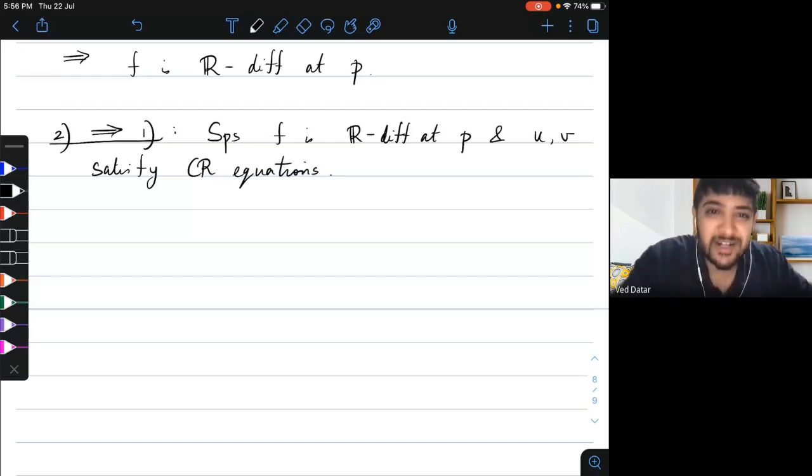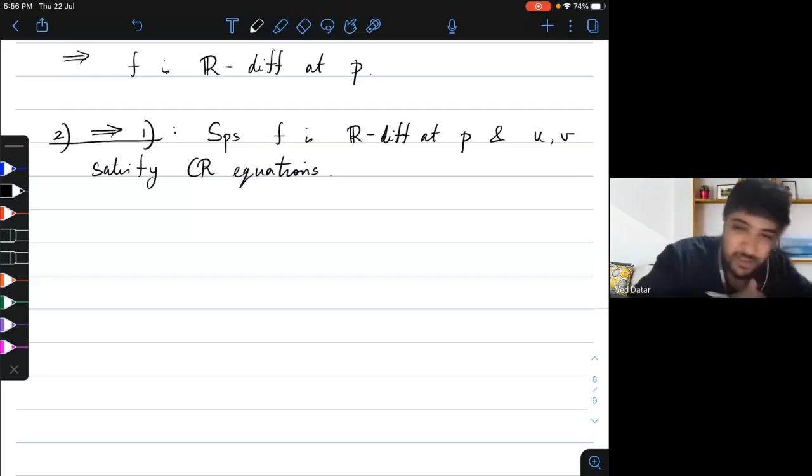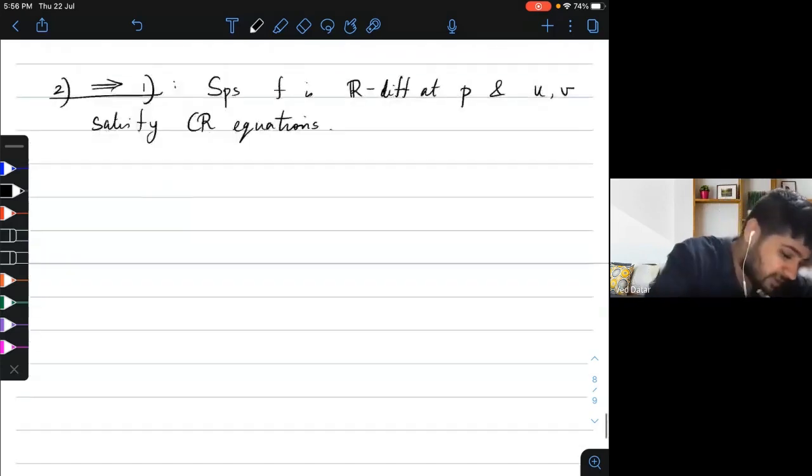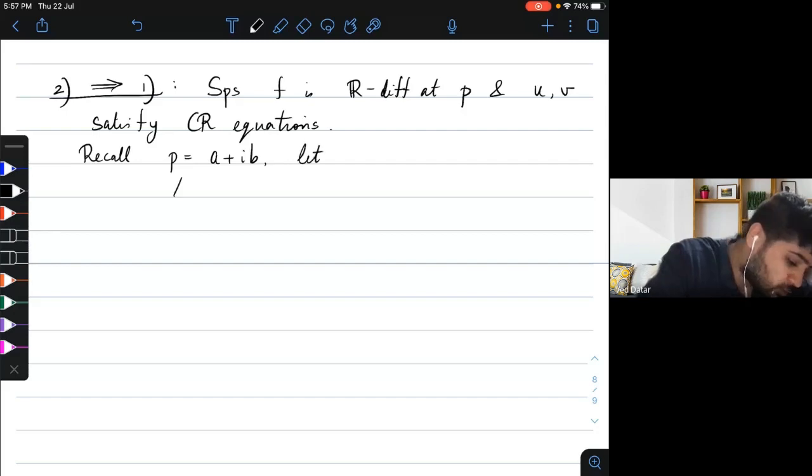Okay, so let's try to understand. This is where the linear approximation comes in. Recall that our point P is basically a plus ib, and we are going to take two quantities.